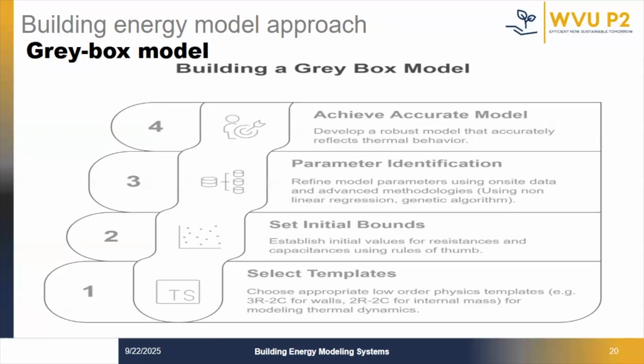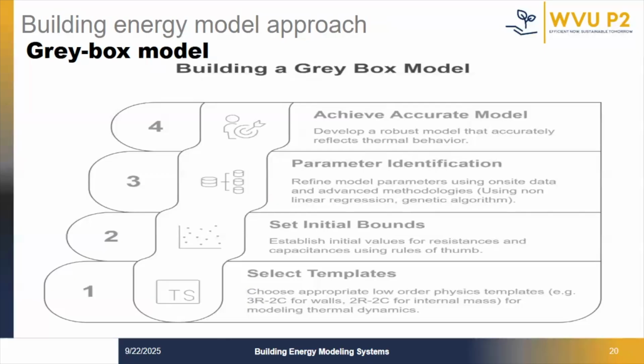The model is then refined through parameter identification, where advanced methods such as nonlinear regression or genetic algorithms calibrate these parameters using real on-site data, ensuring the model balances theoretical insight with empirical accuracy.